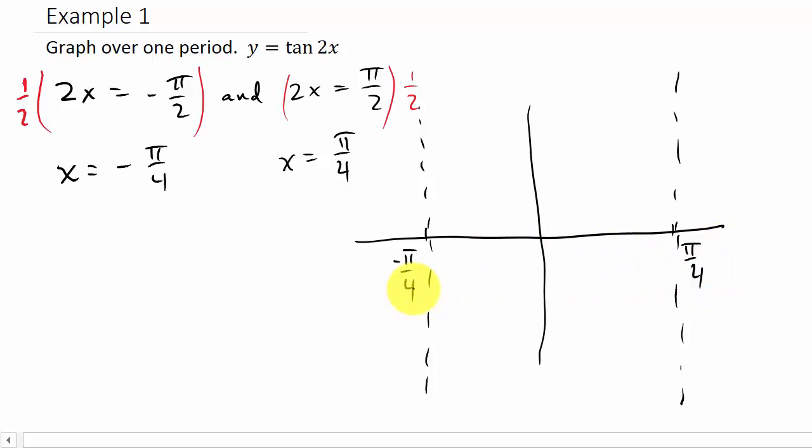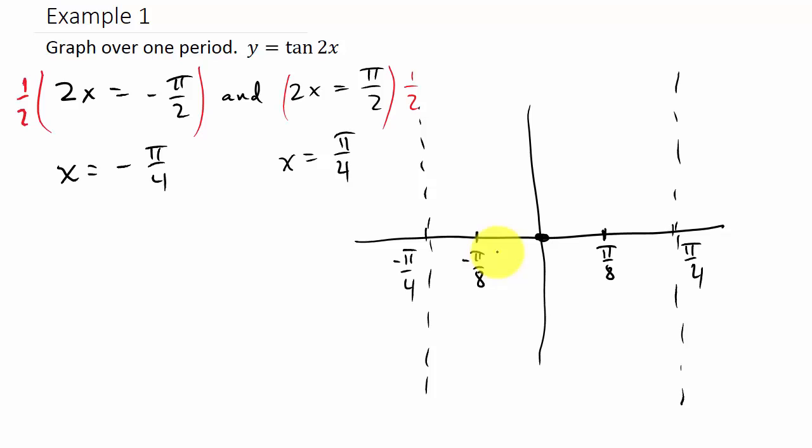First, I'm going to find the midpoint between negative pi over 4 and pi over 4. That's pretty easy, that's just 0. Next, I'm going to find the midpoint between 0 and pi over 4. Halfway between there would be pi over 8. And halfway between here would be negative pi over 8. Those midpoints were pretty easy to find, and you should know how to do that.